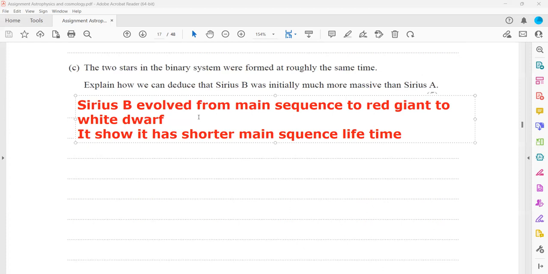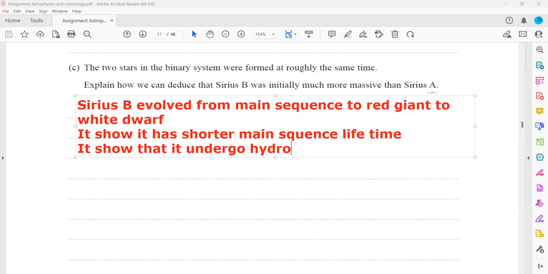If it has a shorter main sequence lifetime, what does it imply? It shows that it underwent hydrogen fusion at a greater rate.